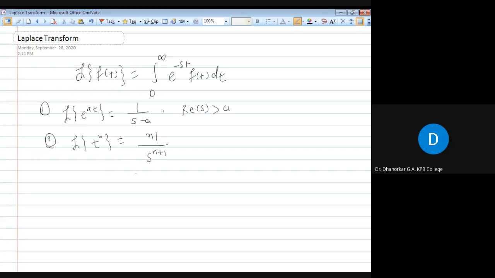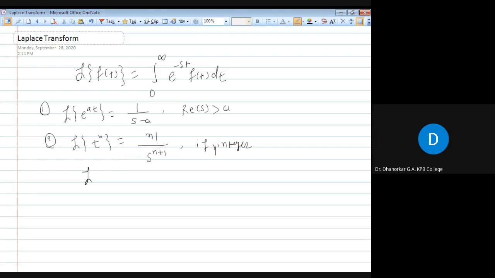Again, remember that we use n factorial when n is an integer. If n is an integer, then we can use this formula.